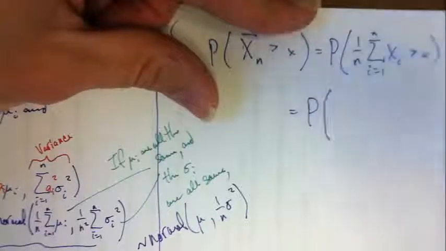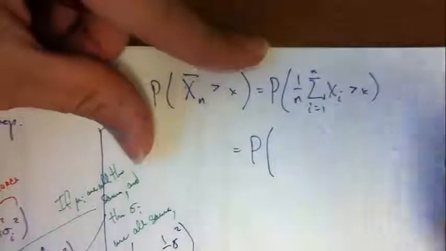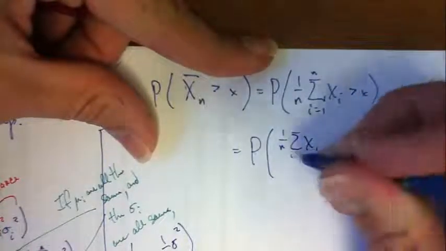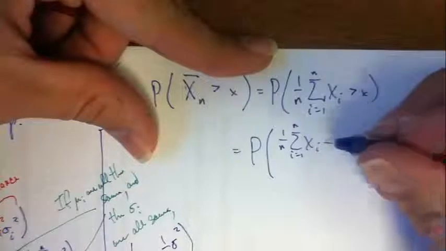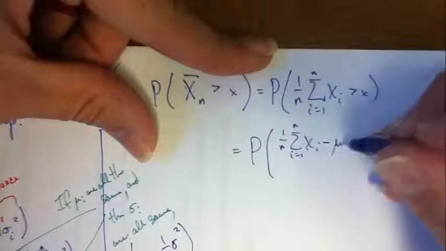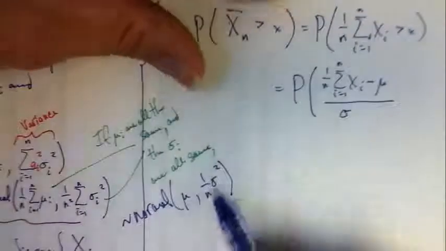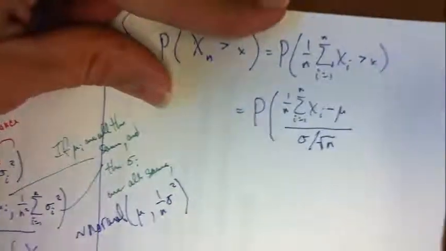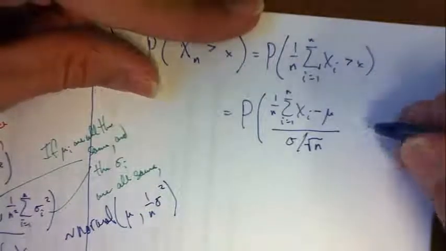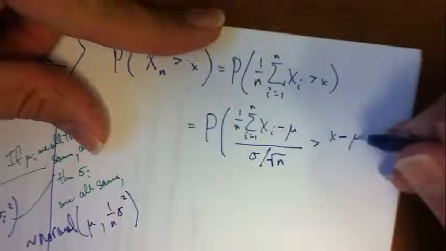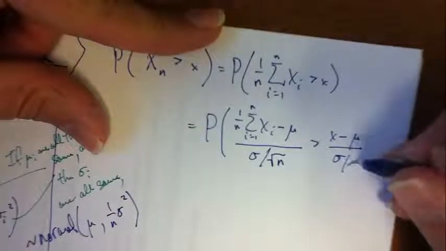Okay, so this is just the probability that, well, you know what? Maybe we could just standardize this. If I take 1 over n times the sum of x_i, i goes from 1 to n, subtract off the mean, that's just mu, and divide by its standard deviation, sigma over root n, it's the chance that all that is greater than (x minus mu) over (sigma over root n).